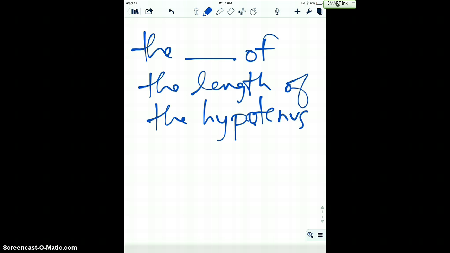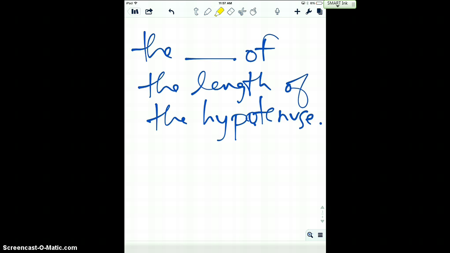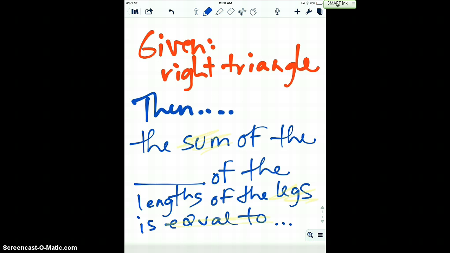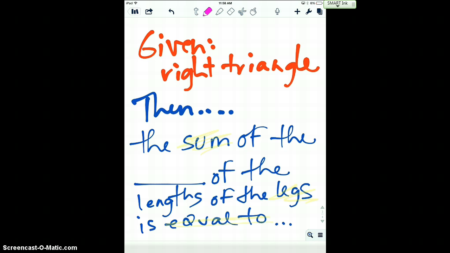You're trying to fill in the blanks without looking at your book. So given a right triangle, then we know that the sum of the lengths of the legs is equal to the length of the hypotenuse. Okay, I'm going to say it. Did you guess it? Did you say it out loud? State it.